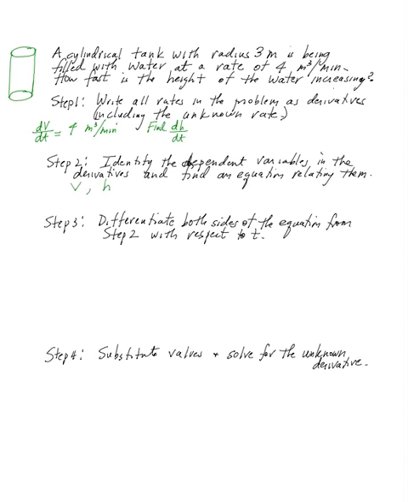Well, it's a right circular cylinder. The h is the height of the water. The r is the radius of the base. And the V is the volume of the water.